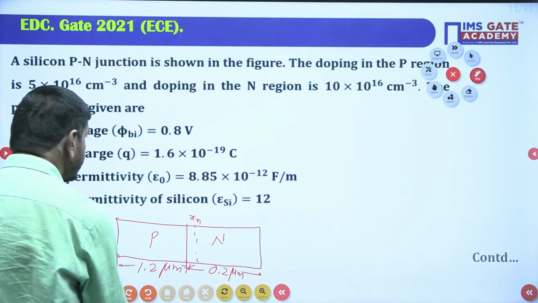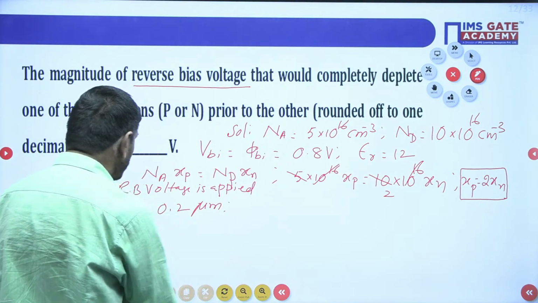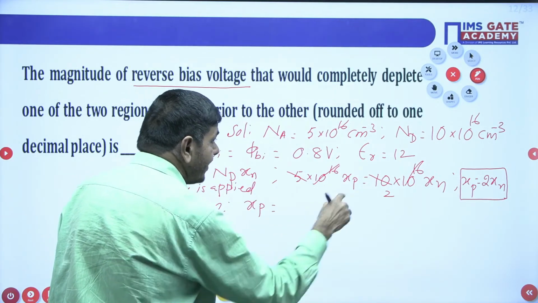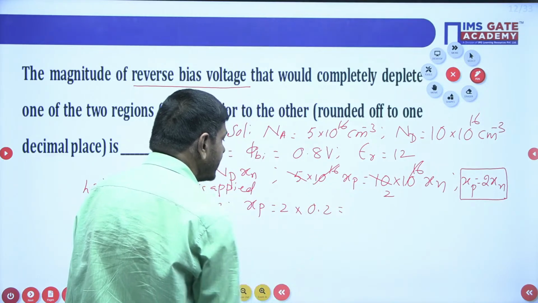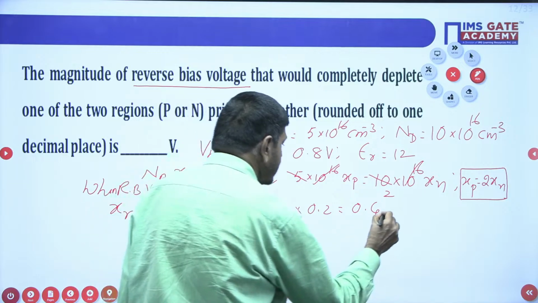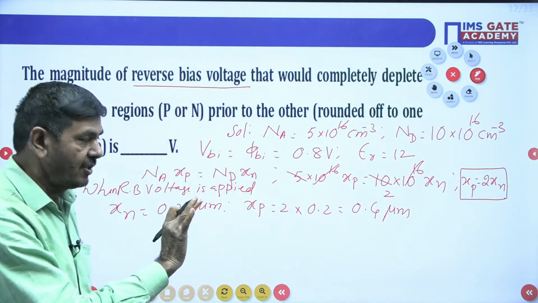If it is 0.2 micrometers, what is the XP value here? XP is 2 into XN, 2 into 0.2, so it becomes 0.4 micrometers. Why these values are required, you will understand shortly.